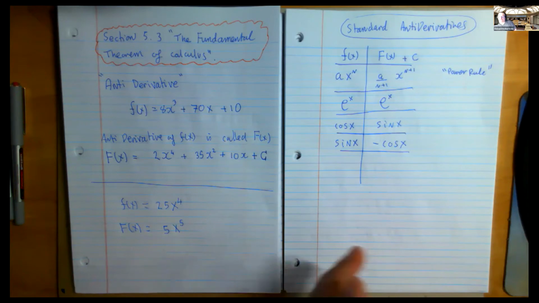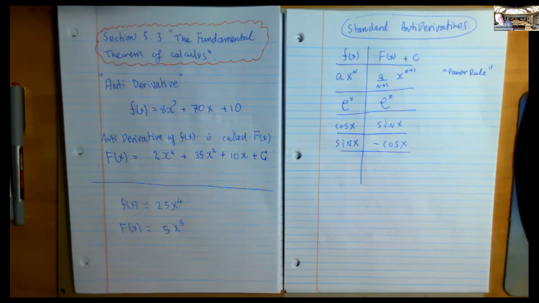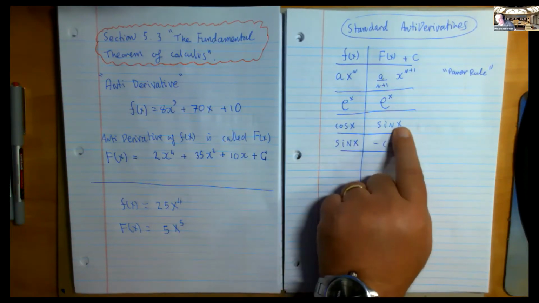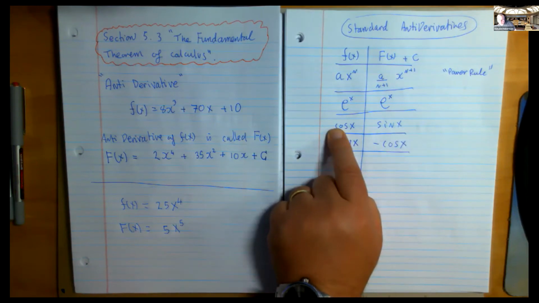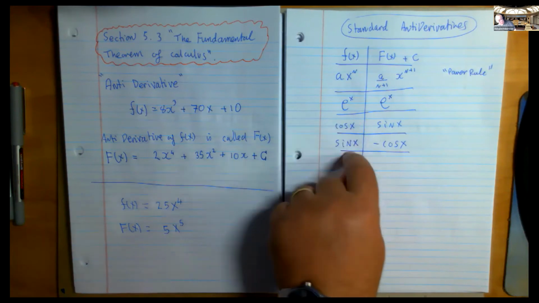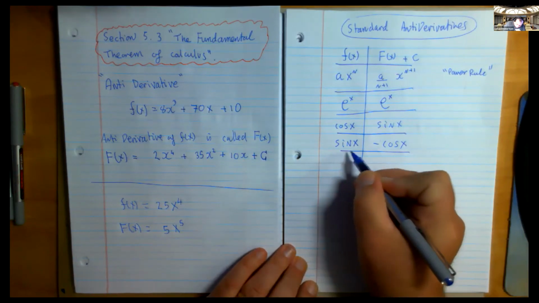Have you noticed that when you find the antiderivative of sine x, it's negative cosine x? And what happens when you differentiate cosine? Don't you end up with negative sine? But when you find the antiderivative of cosine, do you see your sine? So what I'm basically saying is, watch out for your trig, because sometimes people make the mistake of making it positive or negative when it should have been the other one, right? So just be careful, because it's a very easy mistake.